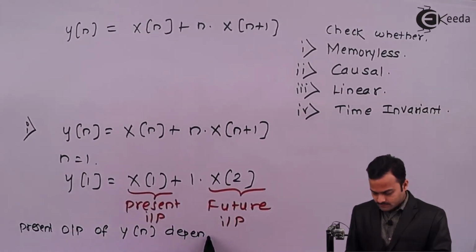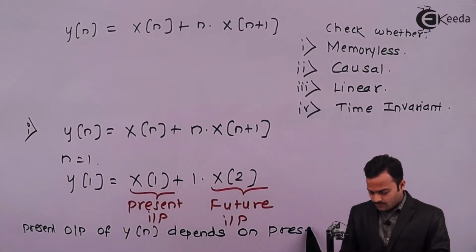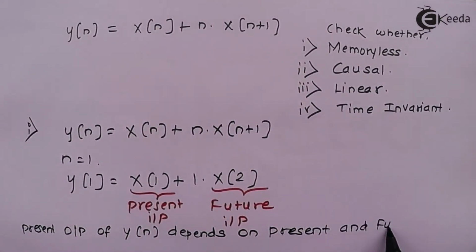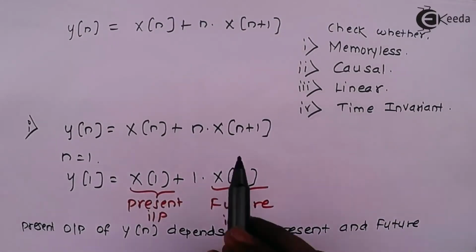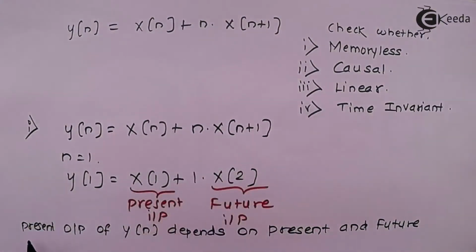depends on present and future, and sometimes depending upon what is the value of n, whether it is a negative. So what I can say, present output of y of n depends on present and future inputs.